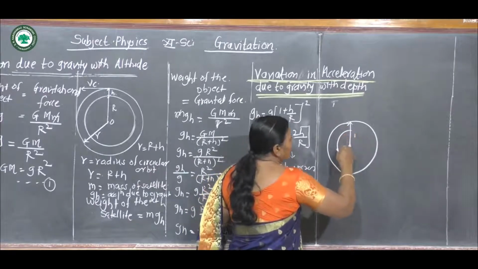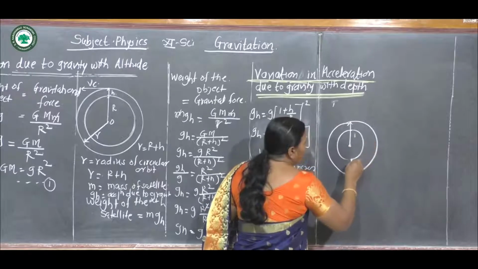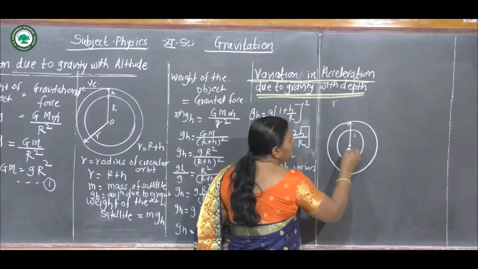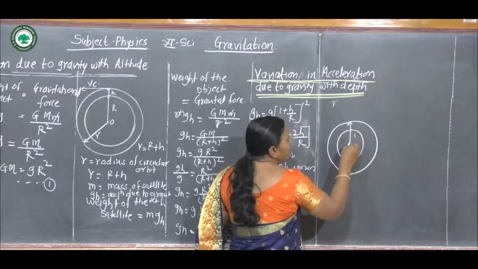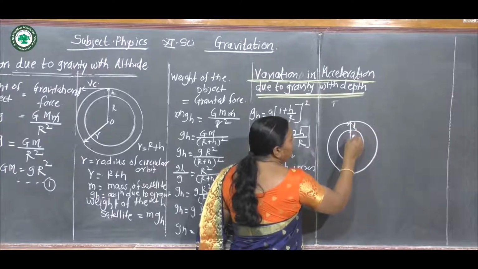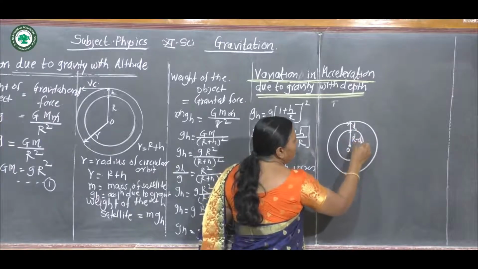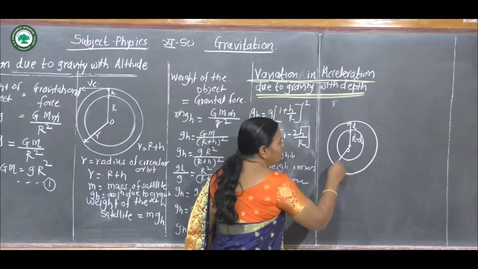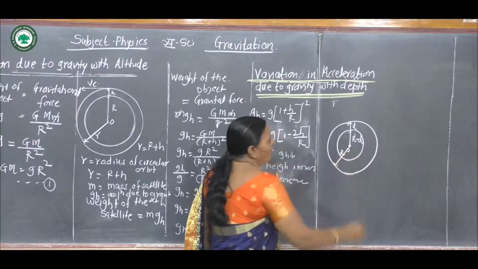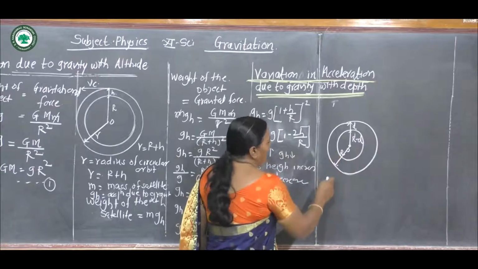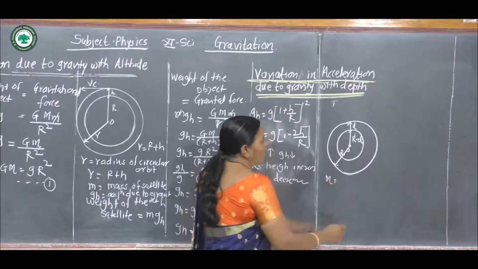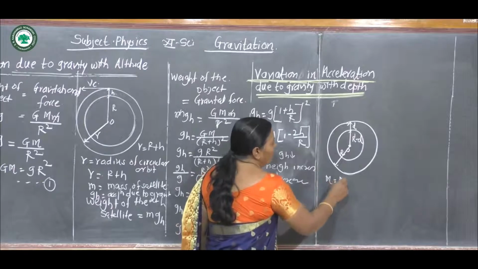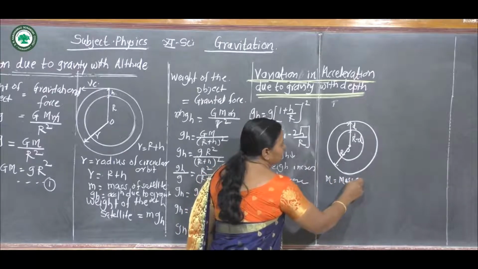Suppose this is the center and this distance is d, this distance is R minus d, and this totality is R. Now suppose M is the mass of Earth.